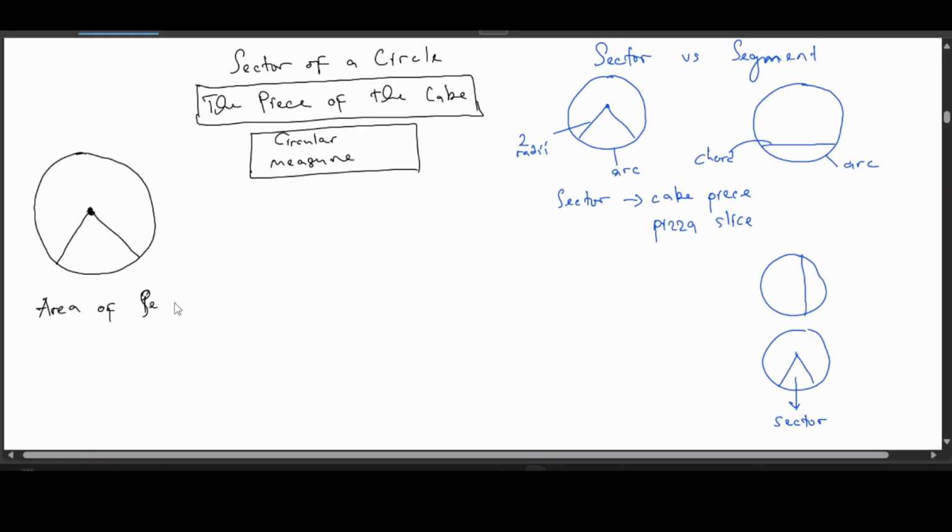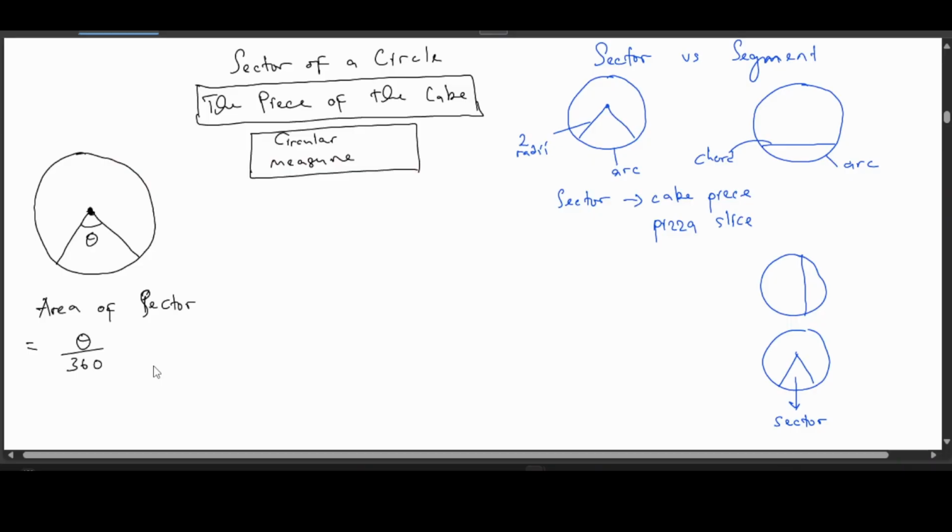So the area of a sector, what is it equal to? I want you to acknowledge that it is a piece of a cake, because when you are asked for the area, they give you an angle here, theta, so it's a piece. But how are we going to define it? We say it's theta over 360. That's the piece. So whenever you want to find the area or perimeter of a sector, you have to be able to identify your piece.